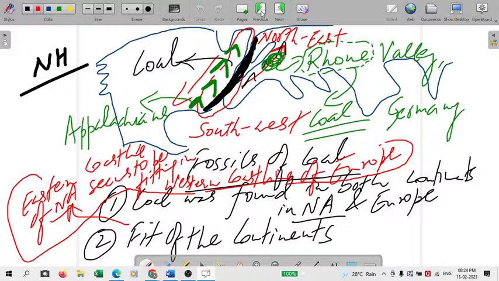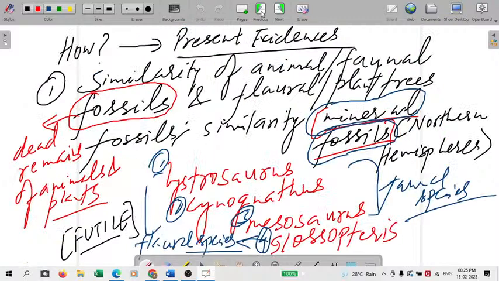The criticisms were based on deeper facts, such as Lystrosaurus and Cynognathus being land reptiles.